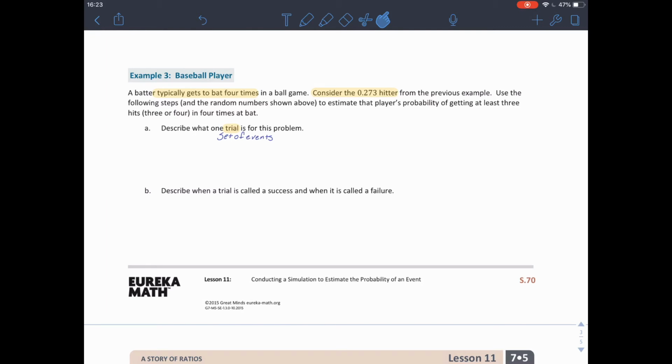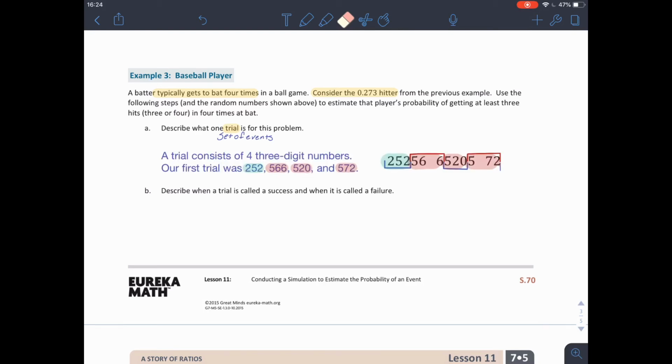The first thing we need to do is figure out what a trial for this problem is going to be, our set of events. The end of this word problem tells us what our set of events is for our trial, and it's 4 times at bat.